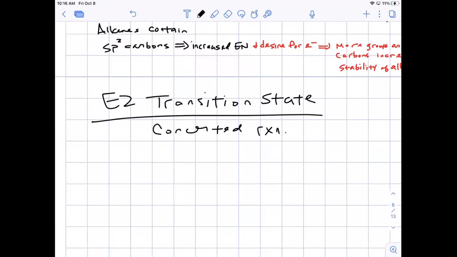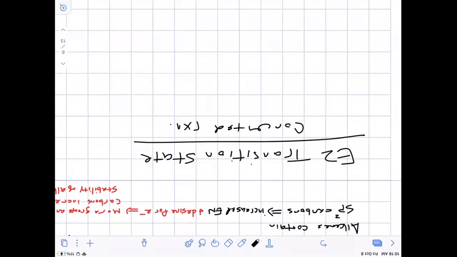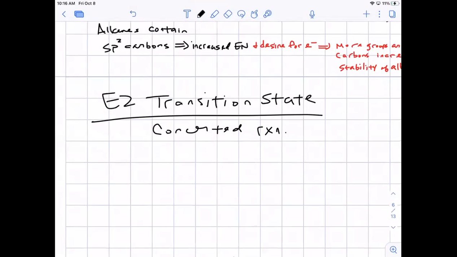Yeah, so in the transition state, there are bonds being made and there are bonds being broken, right? So it's the highest energy point on the energy diagram, and it's where your bonds are being made and broken on the way to the transition state. That's where your starting materials are effectively being converted into your products.